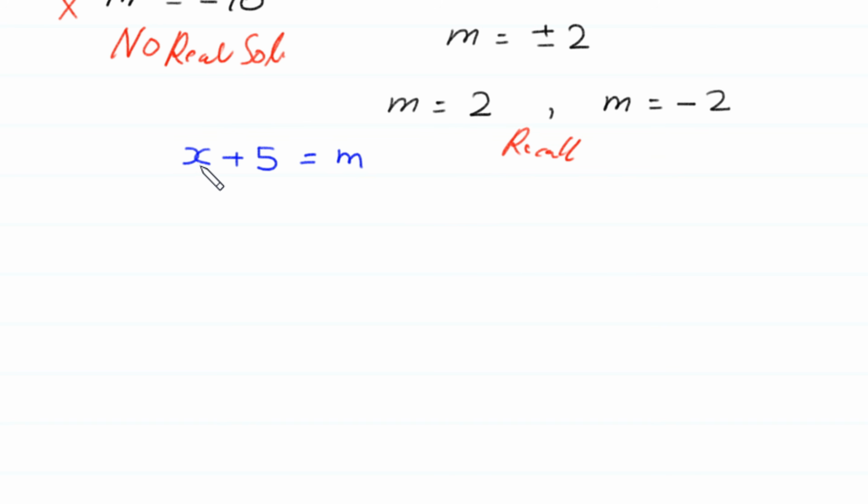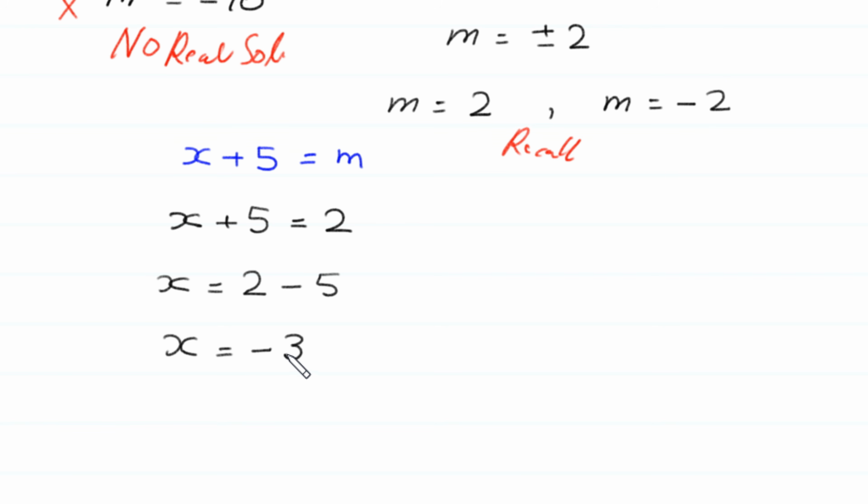Now to find the value of x, first in this equation we put the value of m, 2. x plus 5 is equal to 2, and we move this plus 5 to the right side, it becomes negative 5, and x is equal to 2 minus 5, negative 3.